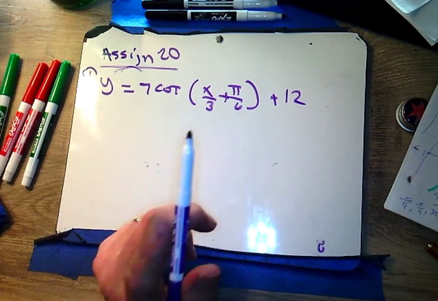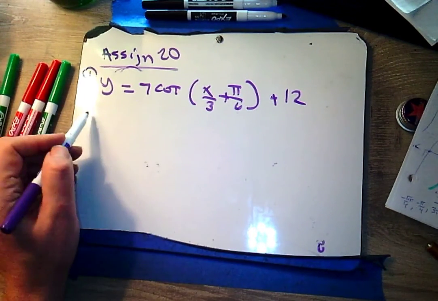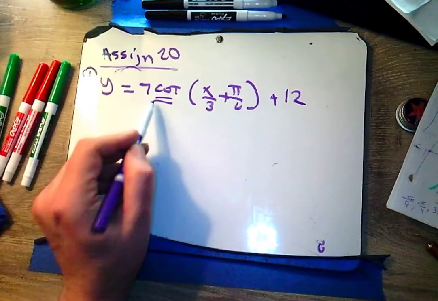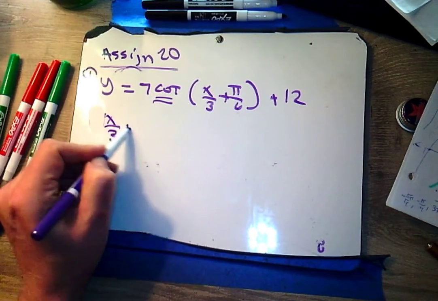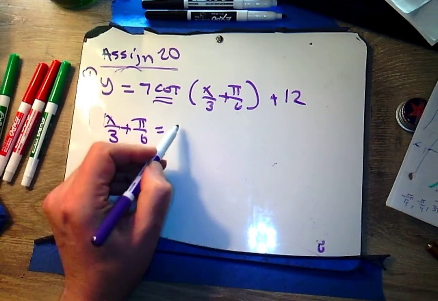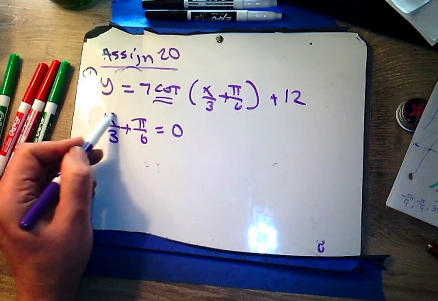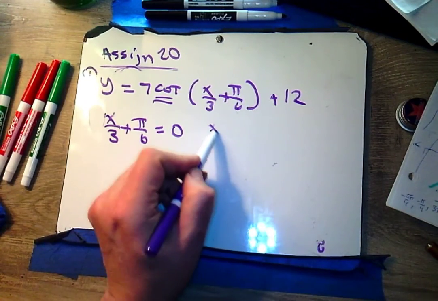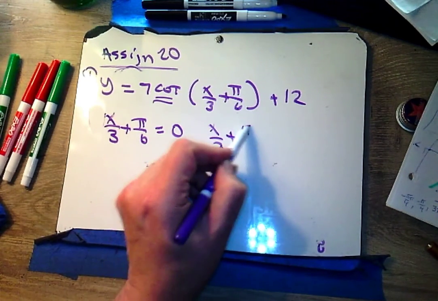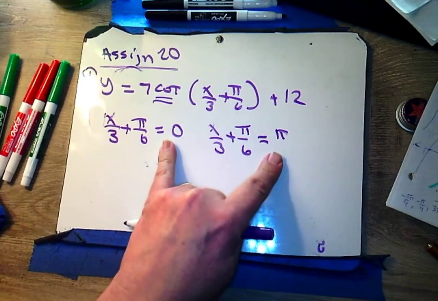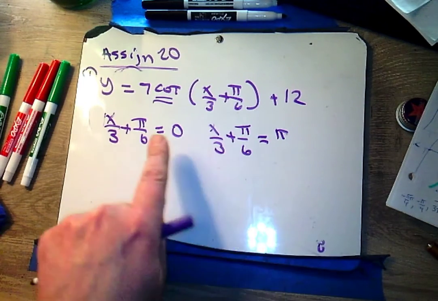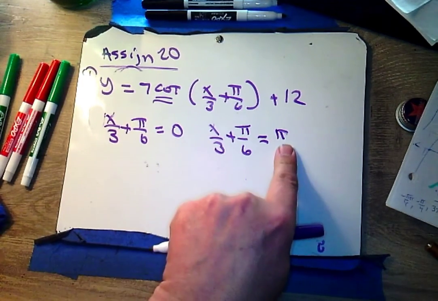No. That's great that you remembered that. What is it instead? So for cotangent, we set the argument x over 3 plus pi over 6 equal to 0, but not 2 pi. X over 3 plus pi over 6 equal to pi. The period for cotangent is pi, so we have to go from the start of the period to the end of the period.